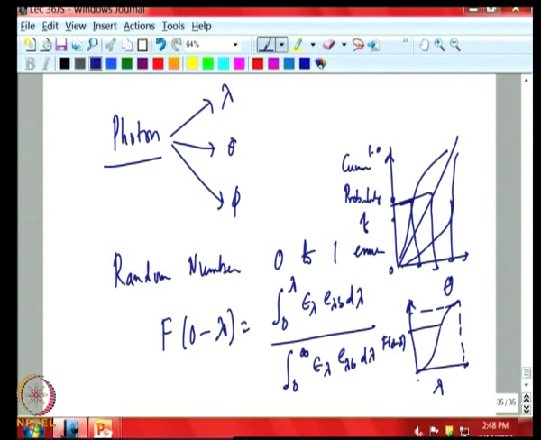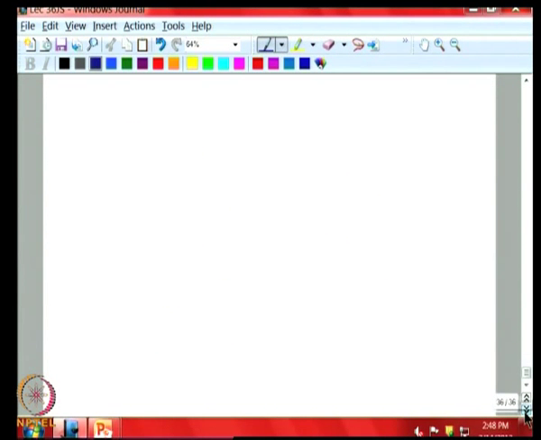Now, again you pick a random number between 0 and 1, let us say it is 0.8, and for that there is a corresponding lambda. So, you have chosen the lambda. You now have a photon with a label: it has a certain wavelength of emission, certain theta and certain phi.